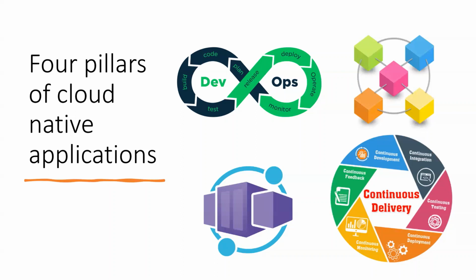Then the second thing is microservices. Whenever we say we want to move to cloud native, monolith is something which is not going to fully support cloud native. Obviously it can be done if your application is small, but if your application is huge and you have it in a monolith way, your code is very tightly dependent.